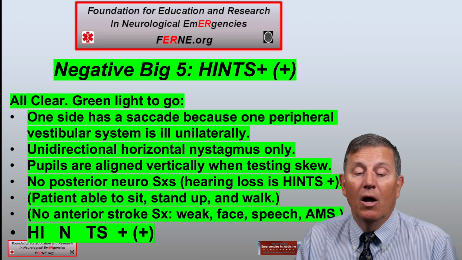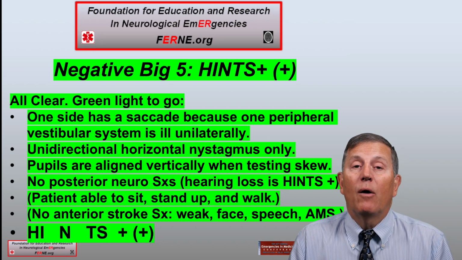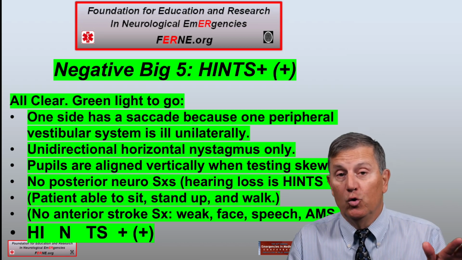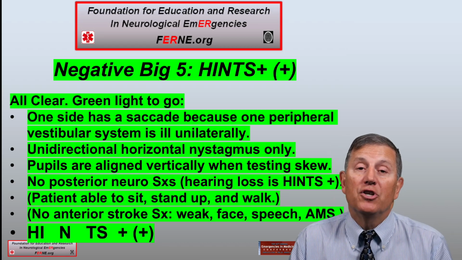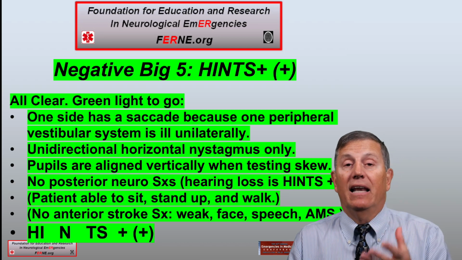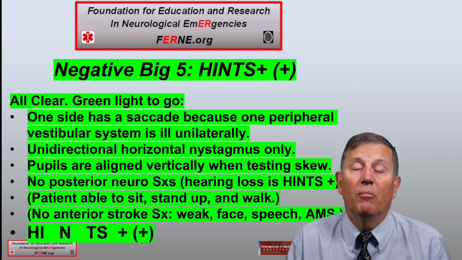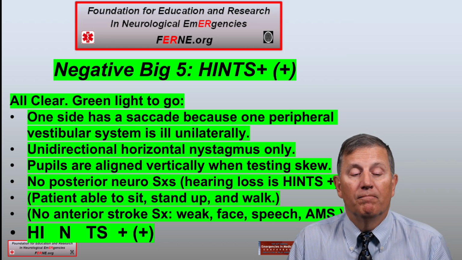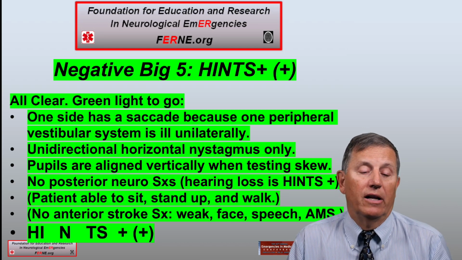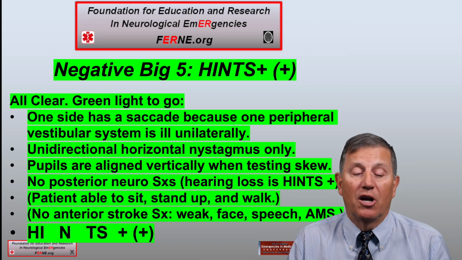Alternately, what are the big five that will allow you to exclude a central etiology and then say it is a likely peripheral etiology to the acute vestibular syndrome and vertigo? So, in order to clear the patient and to get a green light to go, you need to have the following.